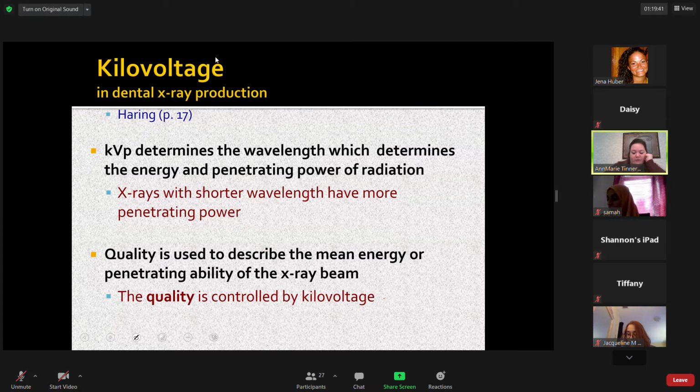With that shorter wavelength, you're going to have increased frequency, which is going to give you more penetrating power. I'll repeat that.